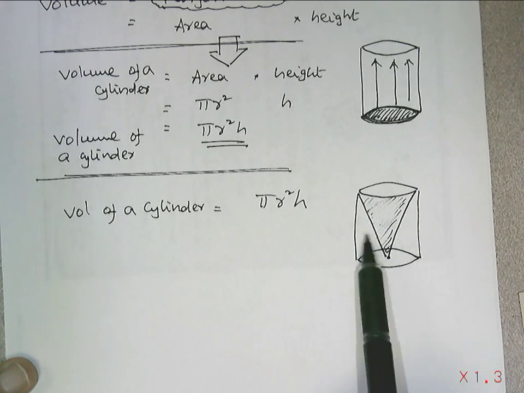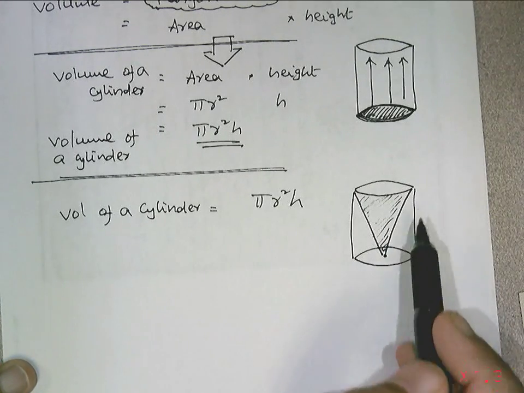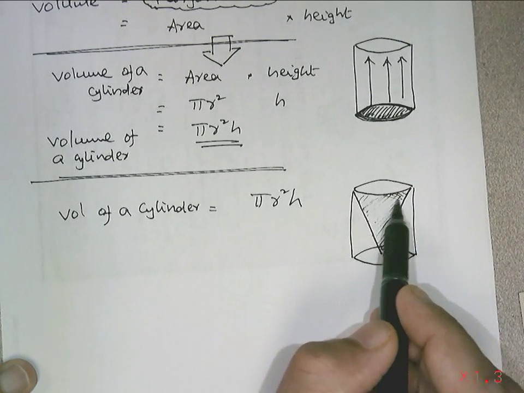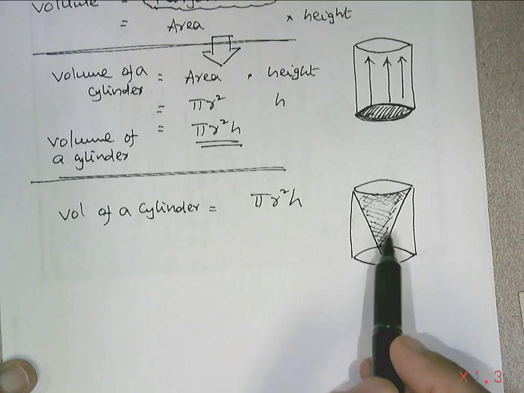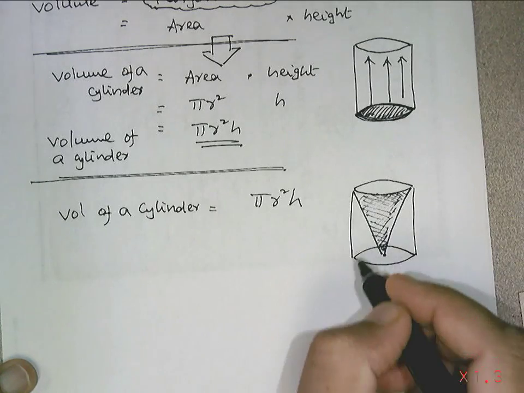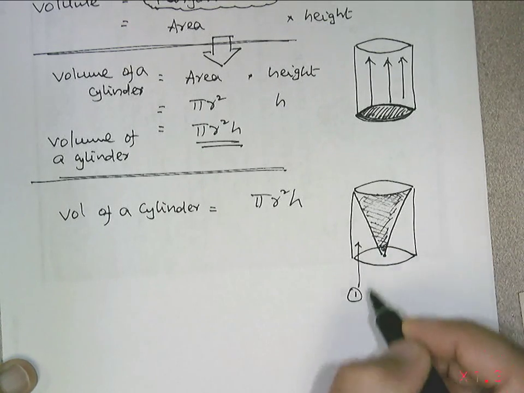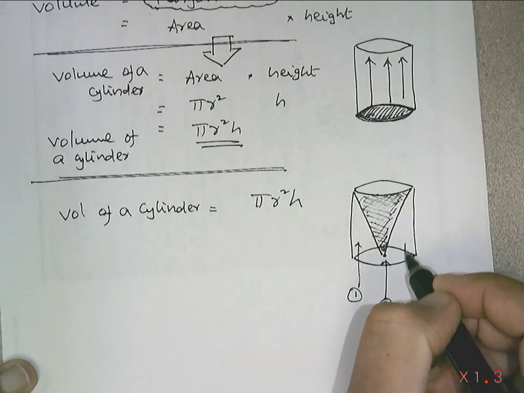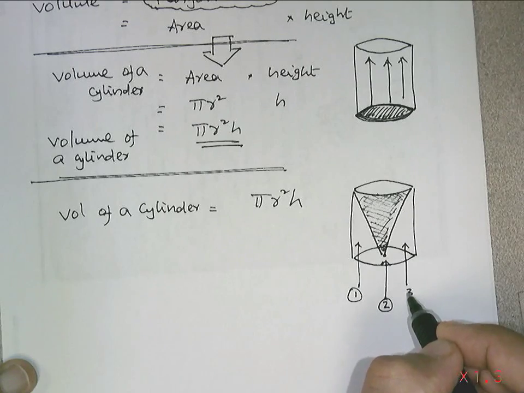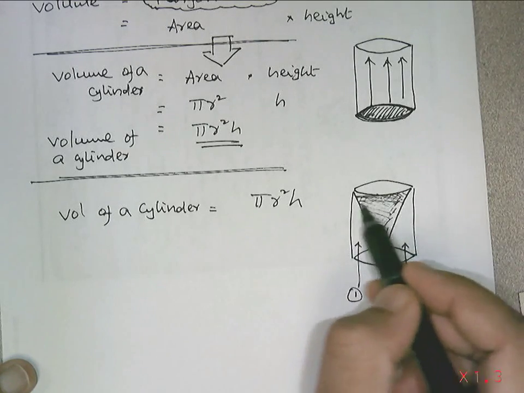It appears that these three are not the same, but experimentally it has been proven that the volume of a cone is equal to 1/3. You see that here this is one part, this is the second part, and this is the third part. Three parts. Out of three parts, we are taking only one part.